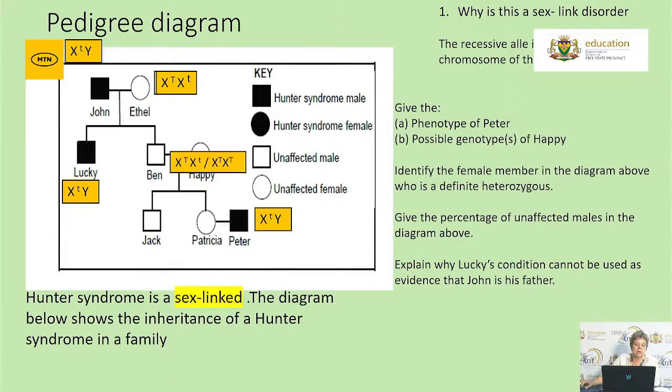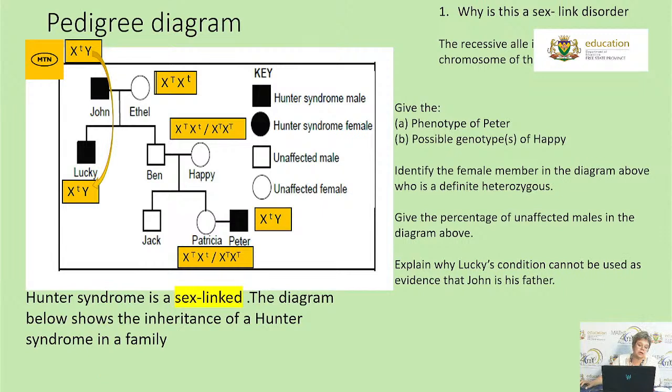But the reason why we allocate the small letter t to Ethel is that the Y chromosome from John is carried to Lucky, because Lucky is a boy, so the father gives him the Y chromosome. And the X chromosome, Lucky inherits from his mother. In this case, because he has Hunter syndrome, he inherited it from his mother, so his mother is a carrier, although she's not affected.